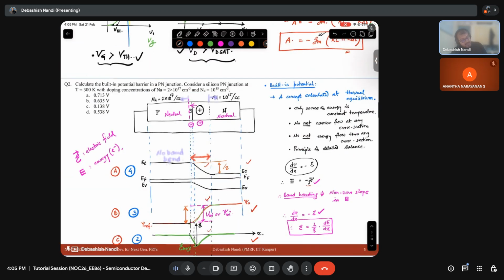So if you calculate this, you have Na, Nd.